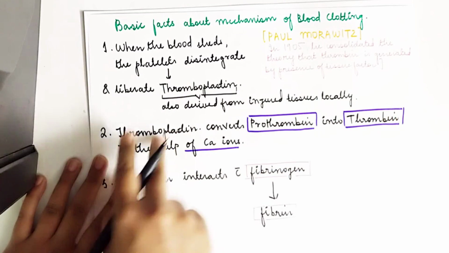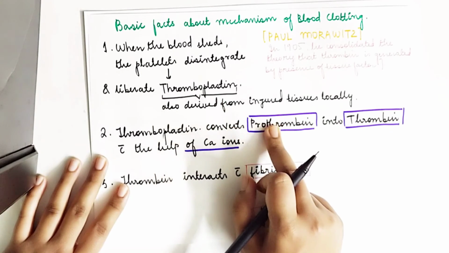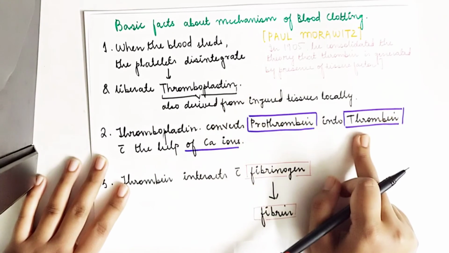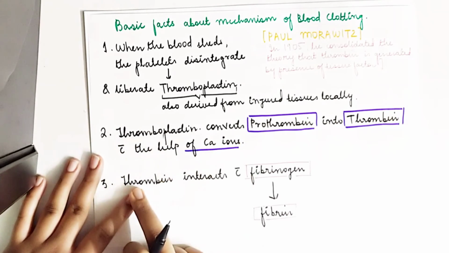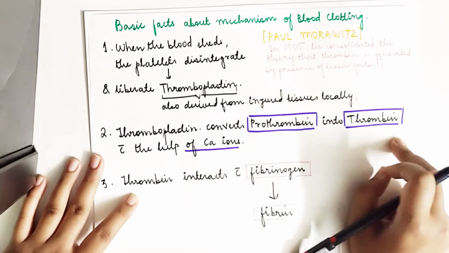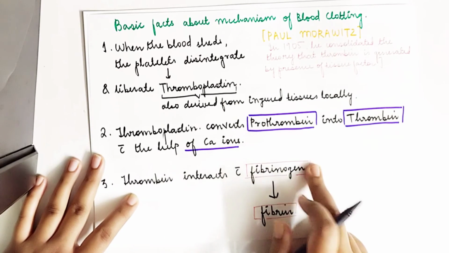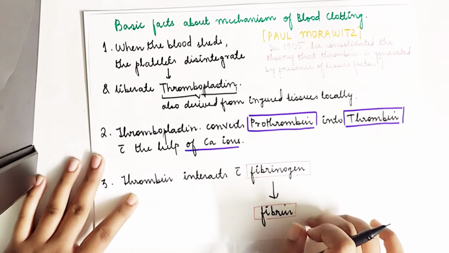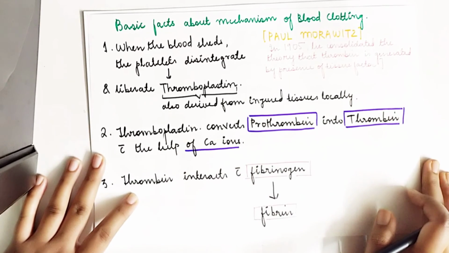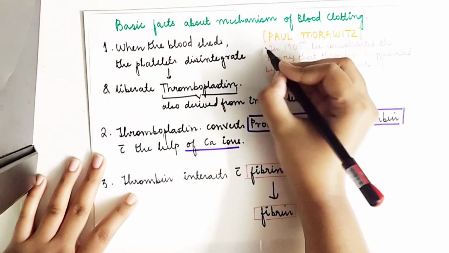Second point, this thromboplastin converts the prothrombin into thrombin with the help of calcium ions. Lastly, the product, thrombin, interacts with fibrinogen and converts it into fibrin. So this is the basic mechanism of blood clotting, which was given by Paul Morawitz.